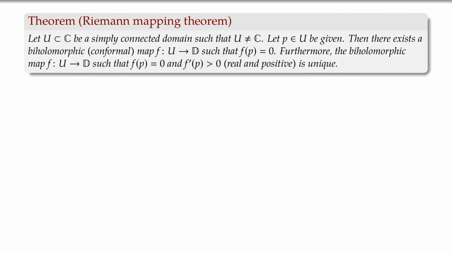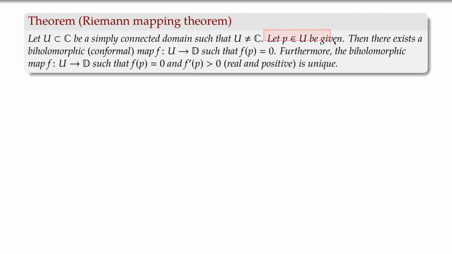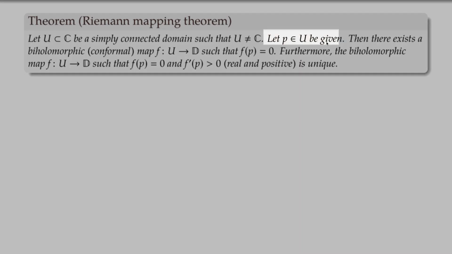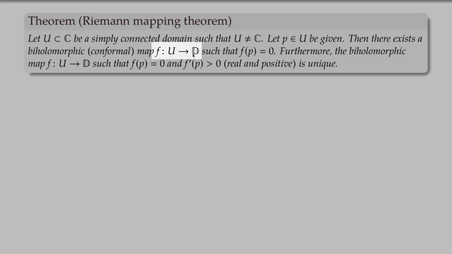Suppose that you have a simply connected domain U, any simply connected domain. The only exception is that it's not all of C. So there's lots of simply connected domains, and the only one that we're not taking is all of C. Now take any point P in U, then there exists a biholomorphic map f from U to D such that f of P is 0.